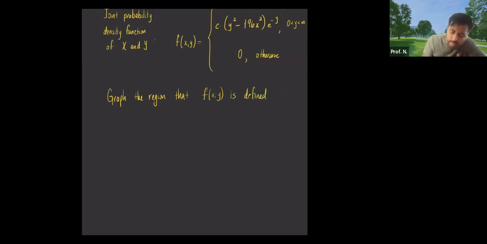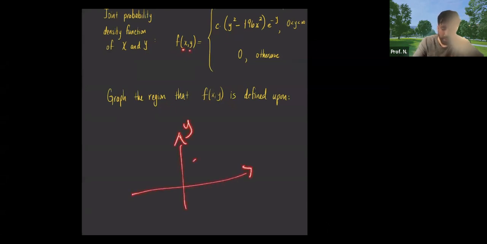Again, this is really a function. If you were to graph it, it's in three-dimensional space. X and y, you consider it as the domain, right? This is the domain of the function. And then the value of the function is the z value.